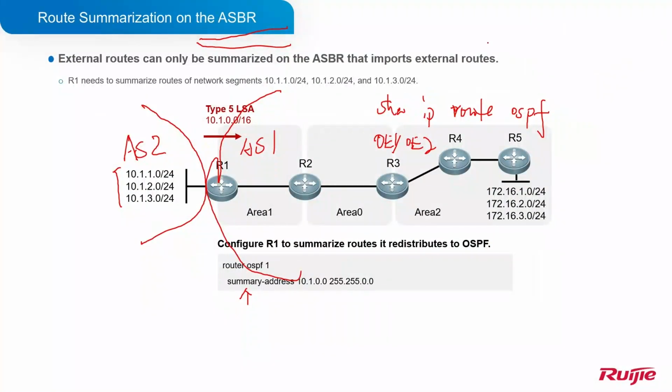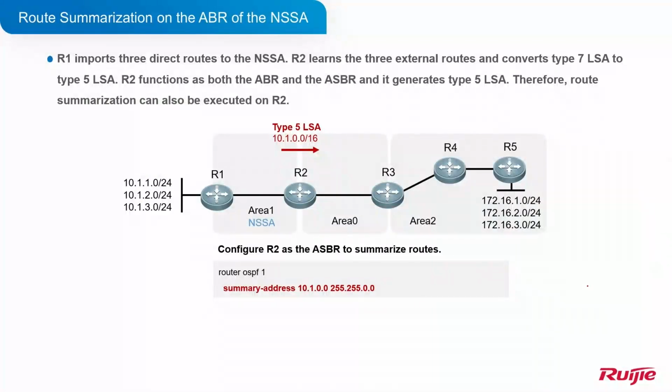Okay, so for the next scenario, this page introduces the third scenario for route summarization on the ABR of the NSSA area. As we know, the NSSA area is a special area, right? If we want to set the area to become the NSSA area, we have to enter the commands on the R1 and R2 devices, right?